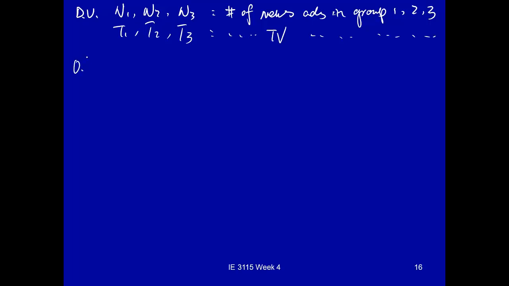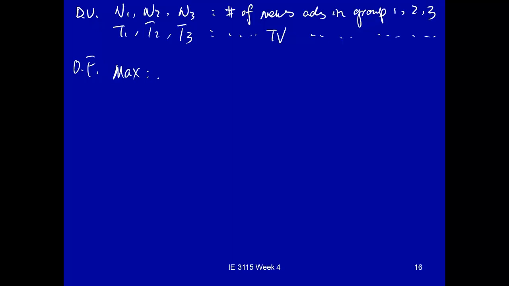And the objective function is, because they have a fixed budget, what they want to achieve is that we don't go above the budget, but we want to reach the maximum number of customers.